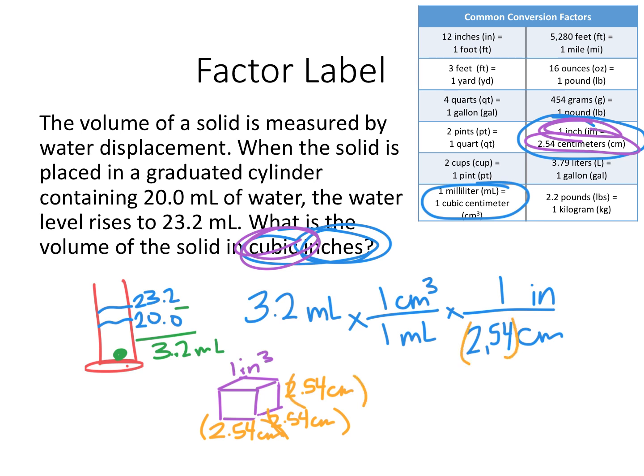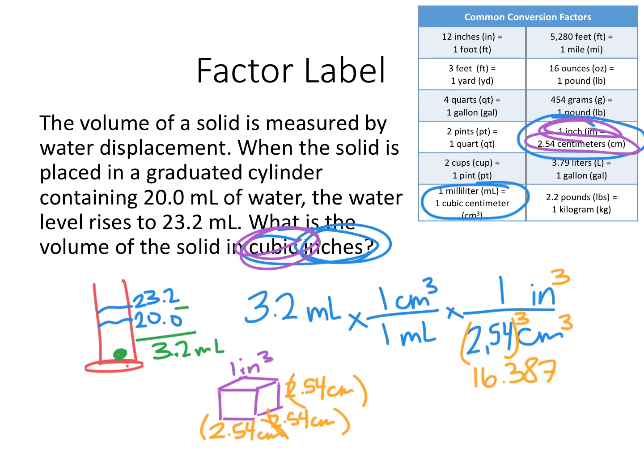In other words, 2.54 cubed centimeters cubed are in 1 inch cubed. So it's not just 2.54, it's 2.54 cubed, which if you type that in your calculator gives you 16.387 centimeters cubed per inch cubed.